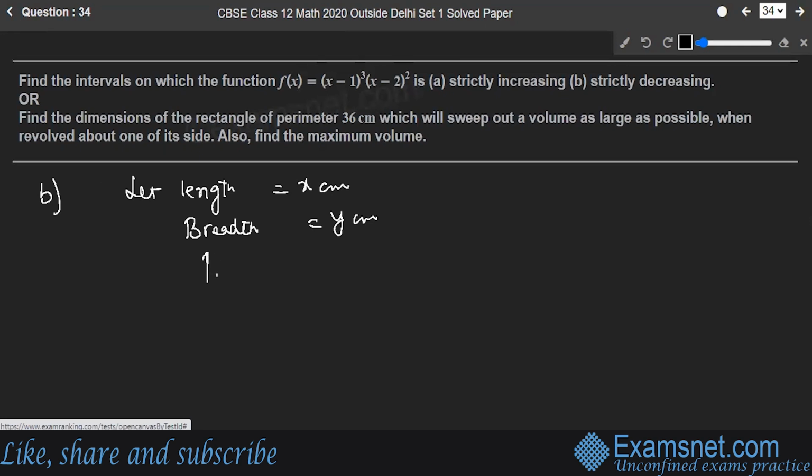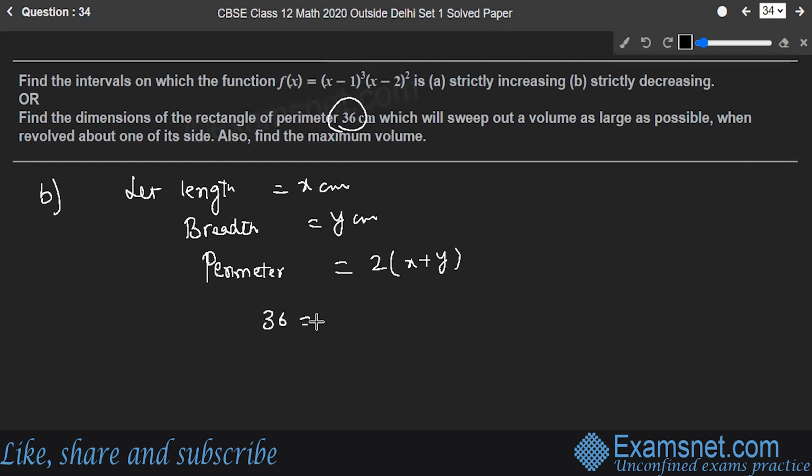So you know the perimeter is twice length plus breadth. We're given that this is equal to 36. So x plus y is equal to 18, or x is equal to 18 minus y. This is number one.